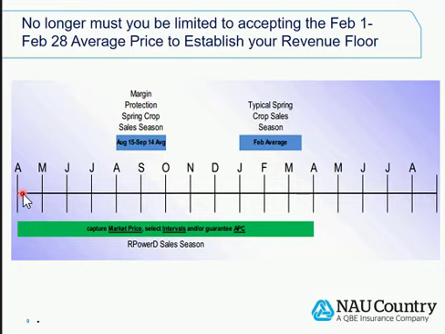The premium's 14, so you've got a net revenue trigger of $627, or $86 additional revenue guaranteed under your RPowerD product in conjunction with your revenue policy.